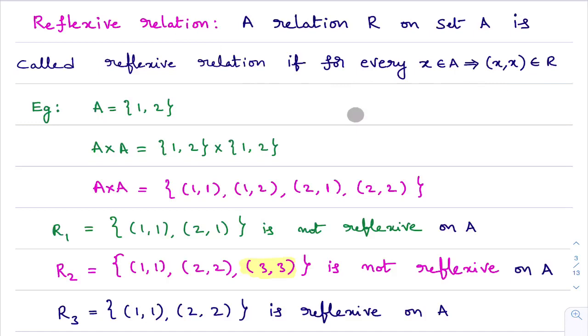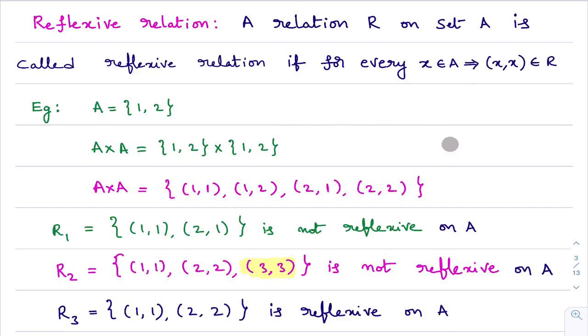What you need to remember: for any X belongs to A, if ordered pair X comma X belongs to R, then we say R is reflexive relation. In last class, I explained clearly about this and we did few examples also. In case you have not watched that video, you cannot understand this class. Please check the last video first. Okay, so this is reflexive relation.